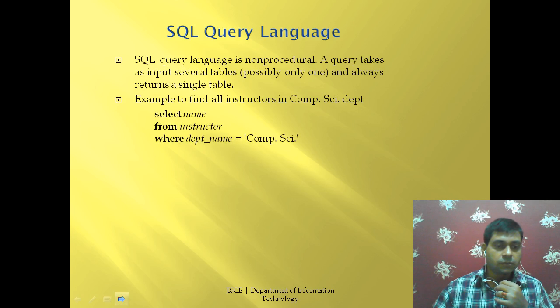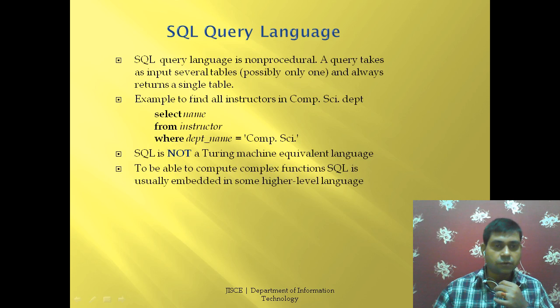So this is how we can get the instructors from here. And SQL is not a Turing machine equivalent language able to compute complex functions. SQL is usually embedded in some higher level language as well.